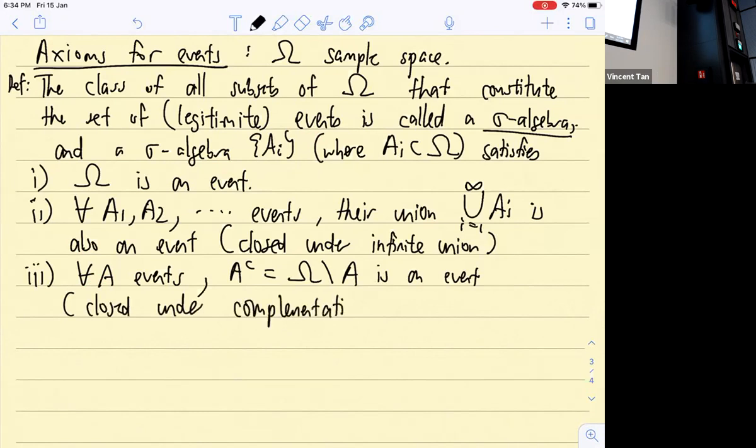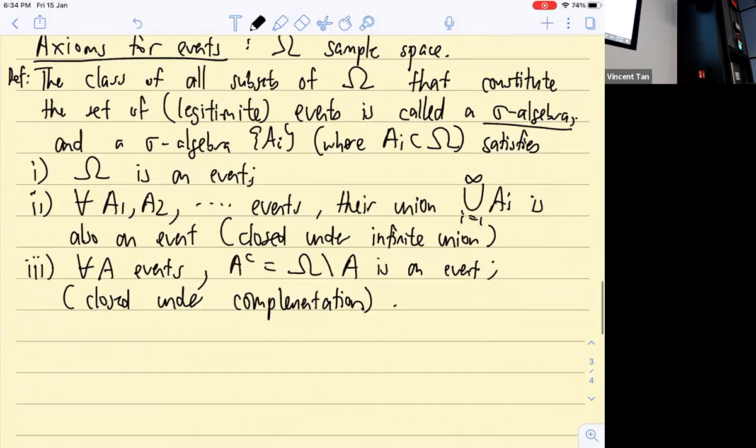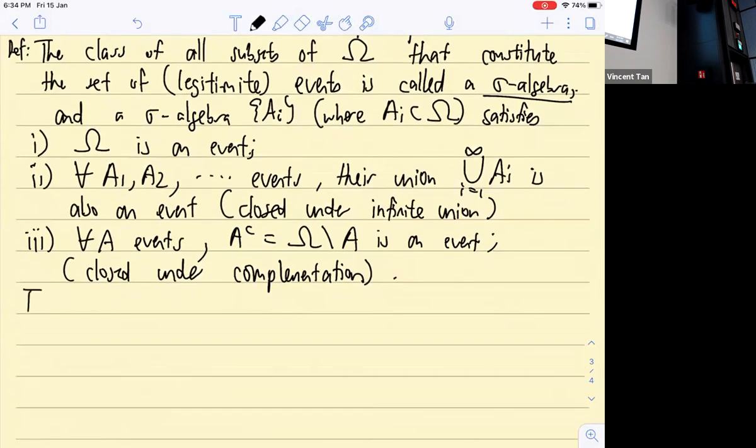These are not in my notes, but I'm coming up with them on the fly. Okay, so any sigma algebra must satisfy these three properties. Otherwise it's not called a sigma algebra. And we can only do probabilities on sigma algebras.